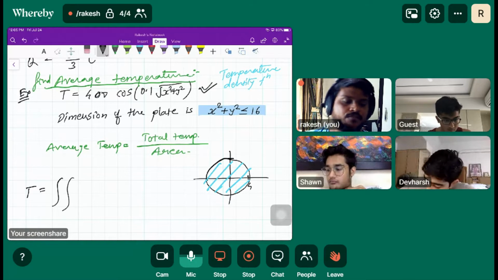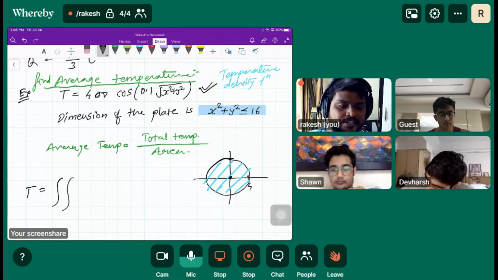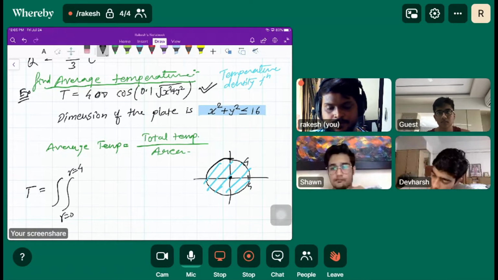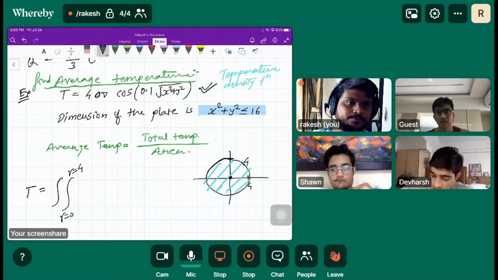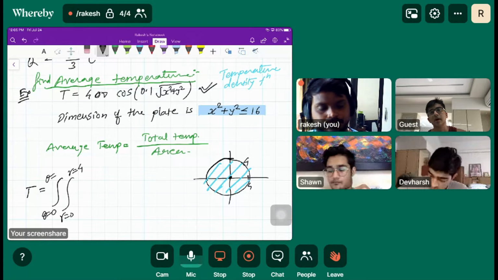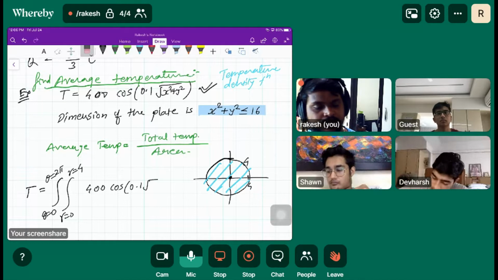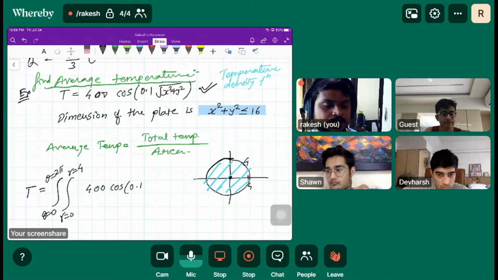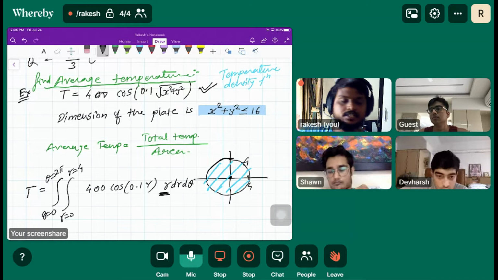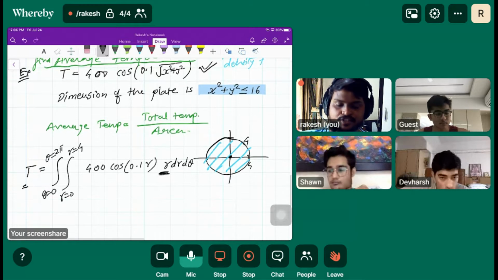So we can use the polar form to simplify the double integral: r from 0 to 4, and theta from 0 to 2 pi. We can convert root x square plus y square to r, with r dr d theta. We can solve this to find the total temperature.